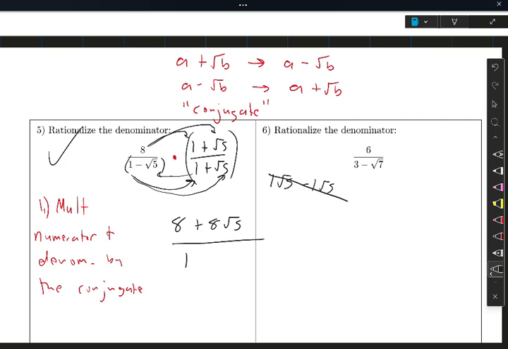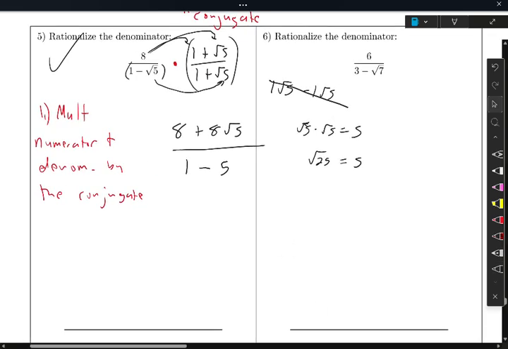All right, and then right here we have negative root 5 times positive root 5, which is negative root 5 times root 5, which is just 5. If you can't understand this, remember what's 5 times 5? It's 25. Well, the square root of 25 is, last I checked, 5. So that kind of makes sense to you. Okay. So here we have 8 plus 8 root 5 over 1 minus 5. 1 minus 5 is negative 4.